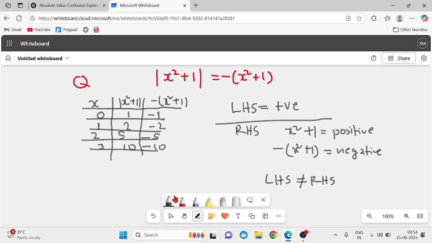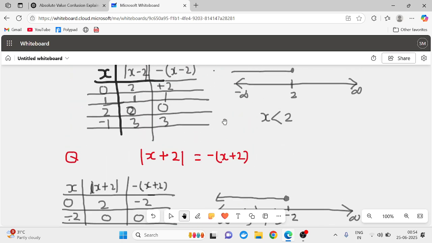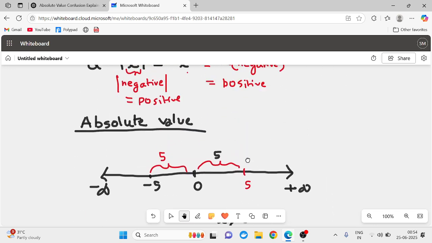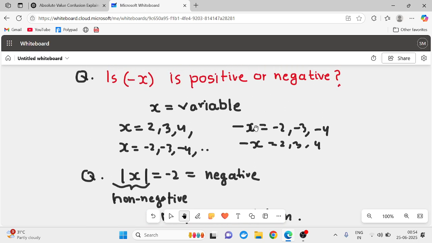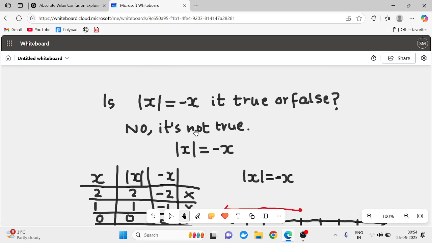So today what all I taught, look at it. I just asked in the beginning whether mod x is equal to minus x possible or not. This was the question which I started with, and I hope you enjoyed that question.